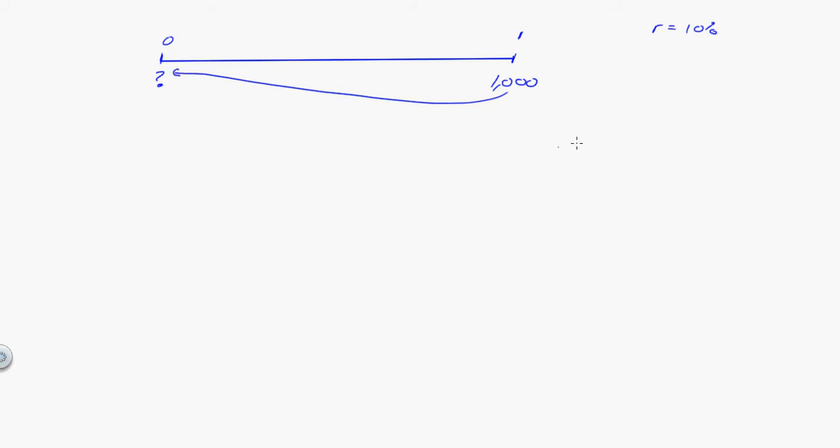Well, I know the equation, future value equals present value times 1 plus r to the t, or the way I like to do it in this case, I'm trying to find present value, which is future value over 1 plus r to the t. So just solving that equation. I like to think of it this way: the value in year 0 is equal to the value in year 1 over 1 plus r to the 1.